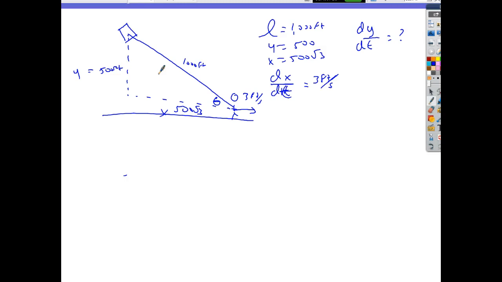I need an equation that has X and Y and perhaps even L in it that you know. Don't talk to anybody right now. Can you come up with an equation that has X, Y, and L in it by yourself? Write it down on your piece of paper. I want you to write down any equation you know from your geometry history that relates X, Y, and L in this problem.